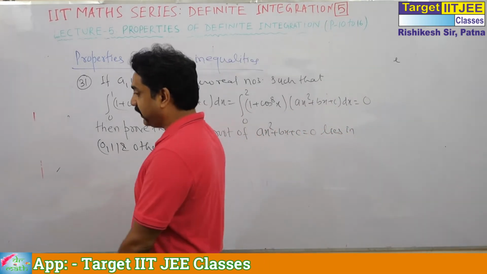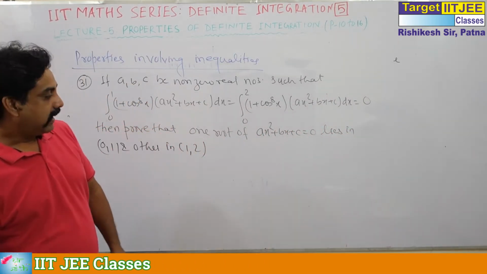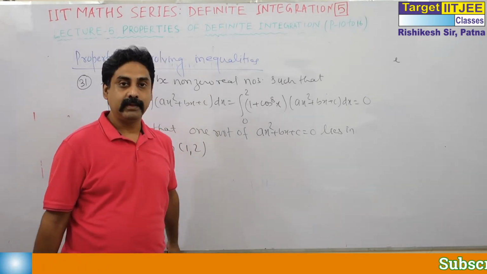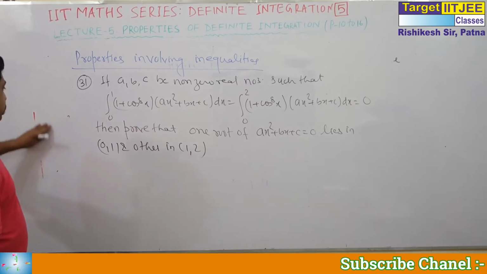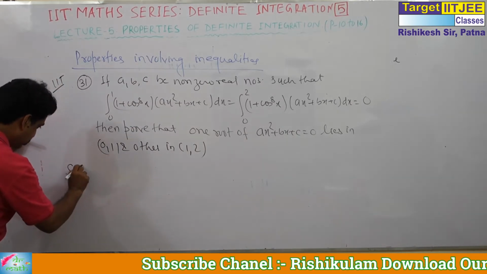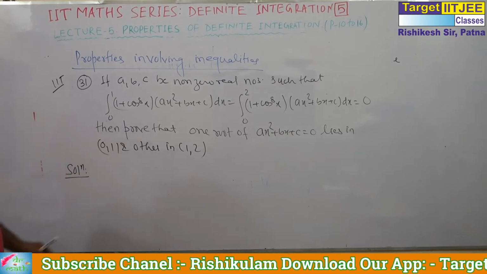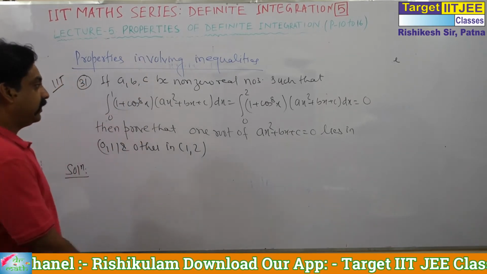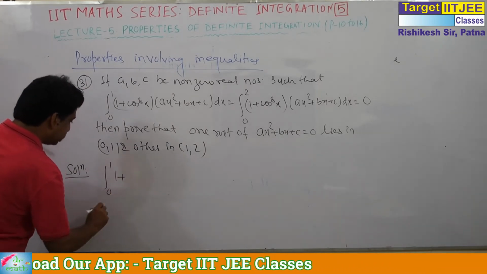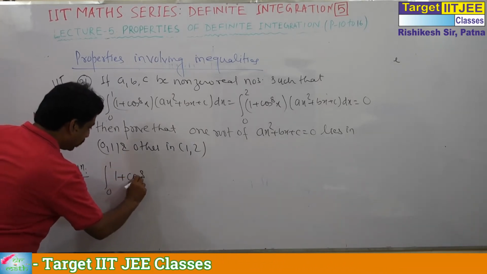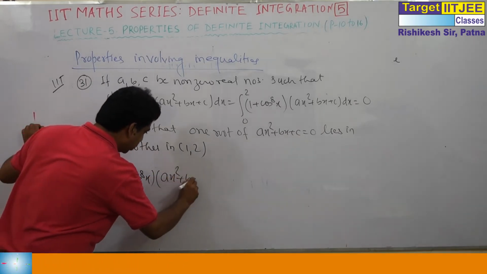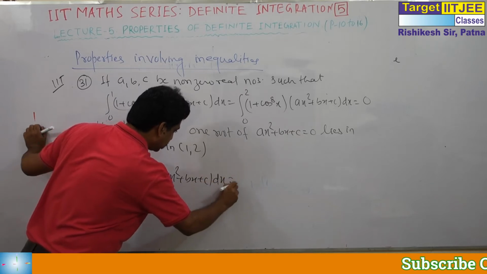Actually, this is the intermediate value theorem, and for this part we will take help of property 3. How? Let's see the solution. Consider the integral from 0 to 1 of (1 + cos^8 x)(ax^2 + bx + c) dx equal to 0.